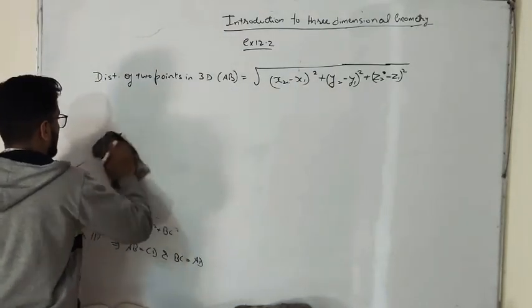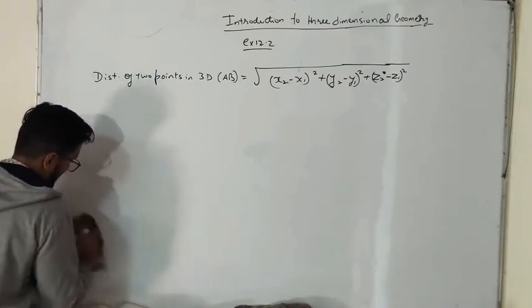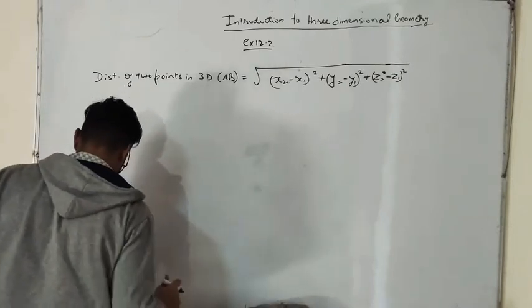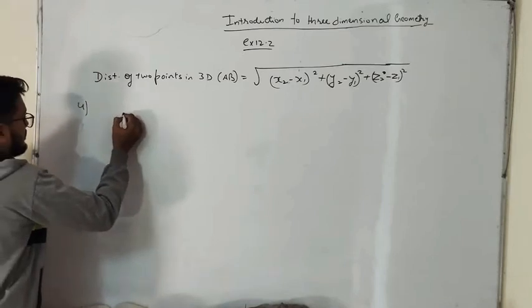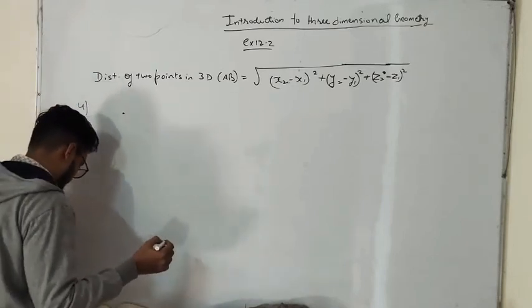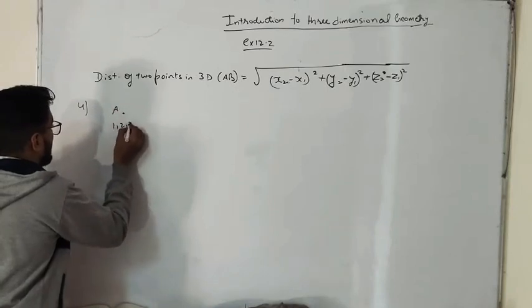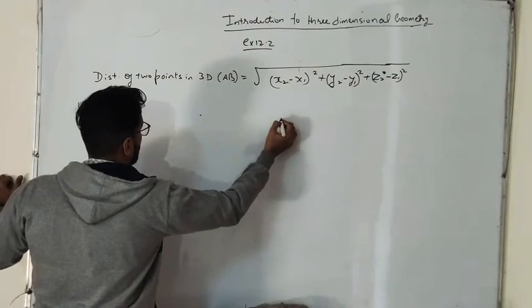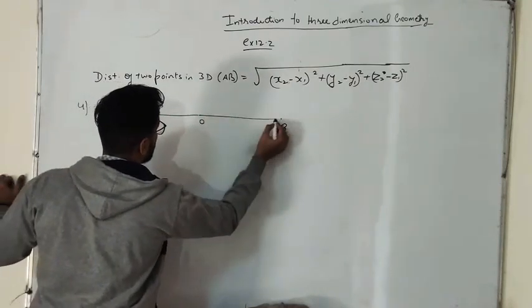Let me clean it first. So question number 4, let the point A be 1 comma 2 comma 3. A point is there and a point C, B, let it be O. So this point is equidistant.